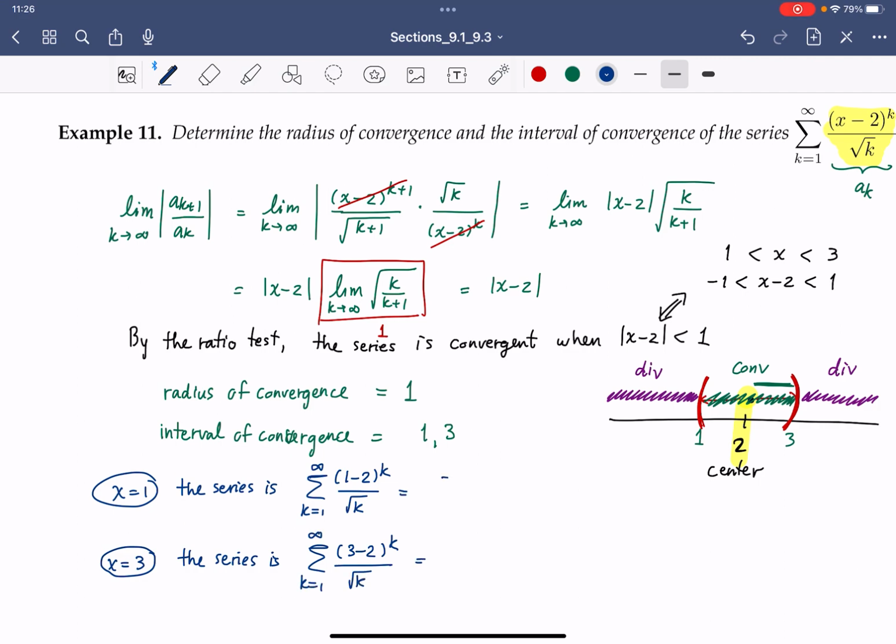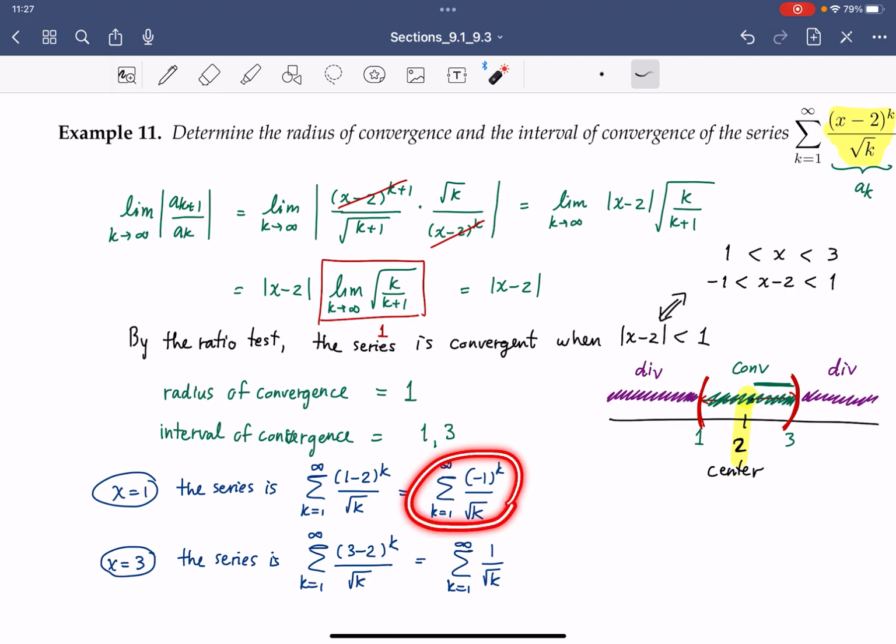So when x equal to 1, the series is actually negative 1 to the k over square root k, and here, 1 over square root k. So when x equal to 1, it's negative 1 to the k over square root k. Convergent or divergent?